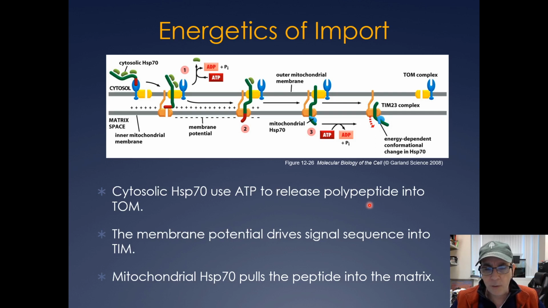SecA was the ATPase in that instance that threaded it through. So, very similar mechanisms. You have a cytosolic HSP70 utilizing ATP to drive the protein through the outer membrane, and then on the inner membrane in the matrix you have a mitochondrial HSP70 that's utilizing ATP to pull it in.